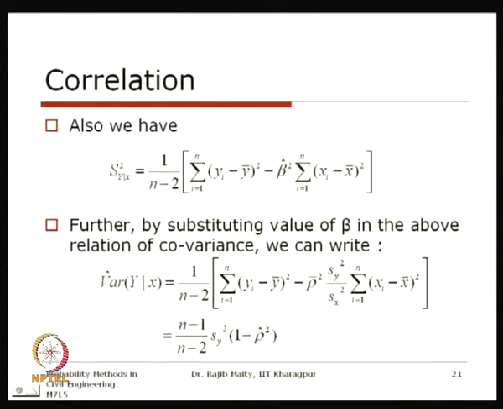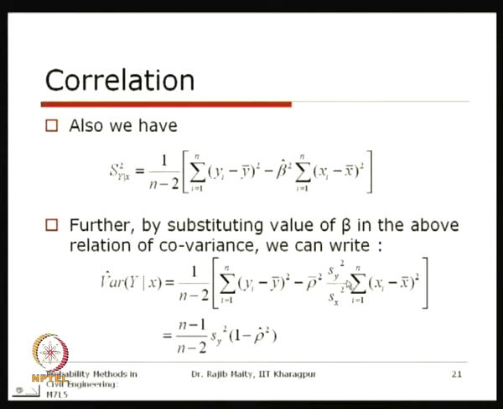If we put the estimate of beta hat in terms of the correlation coefficient and the variances of y and x, then we can write the conditional variance as 1 by n minus 2 times this expression, and in place of beta hat square we write rho hat square, the estimate of the correlation coefficient, multiplied by s_y square and s_x square.